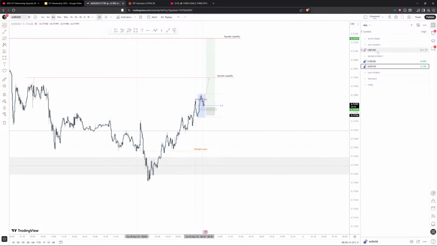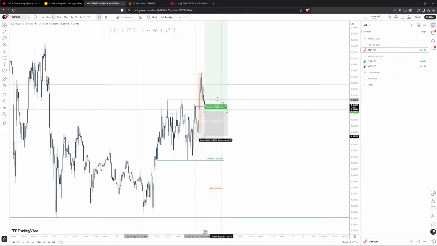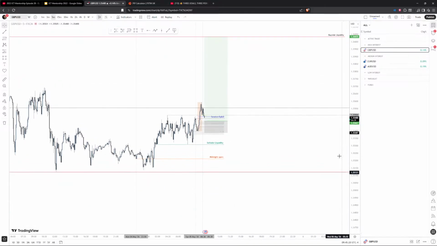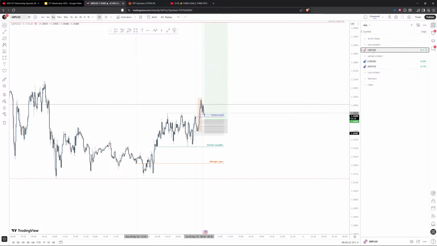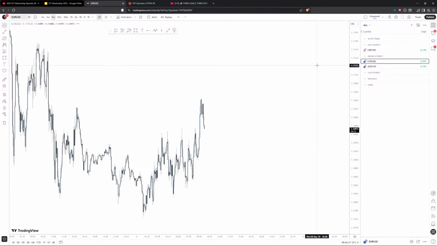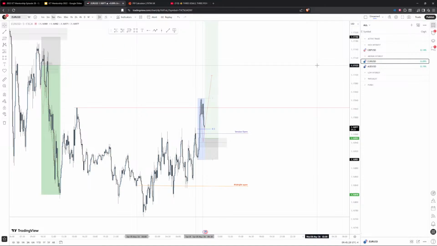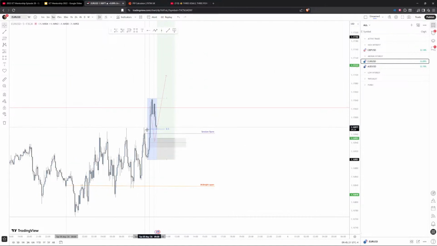One to 8.7. One to 7.1. This has the best entry, but it is the weakest risk-to-reward ratio. So the reason why these are all valid is because they all have the same idea.